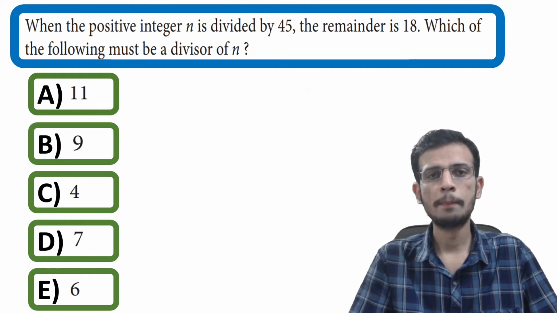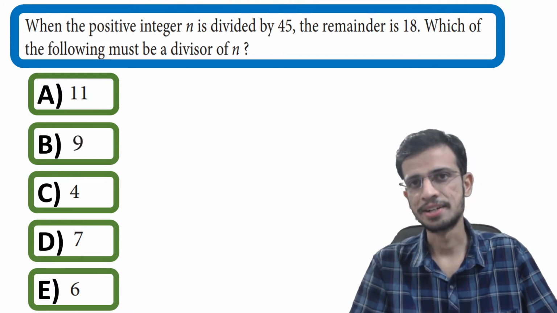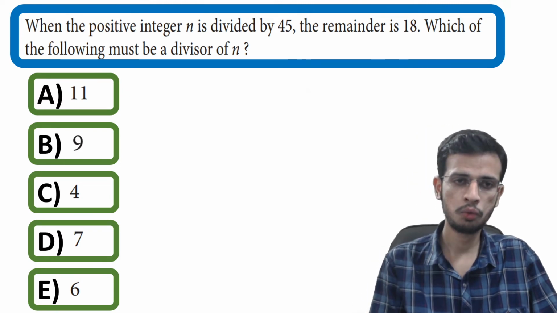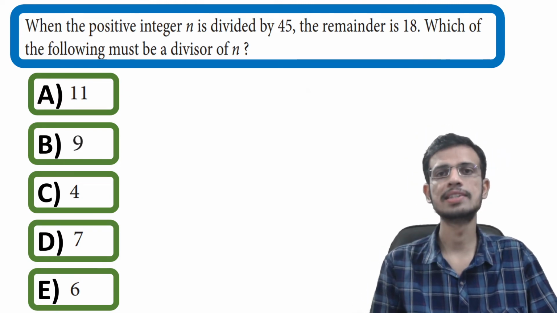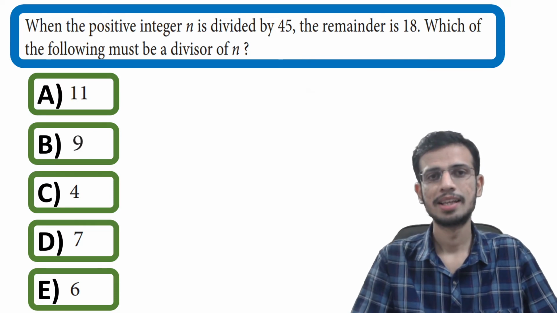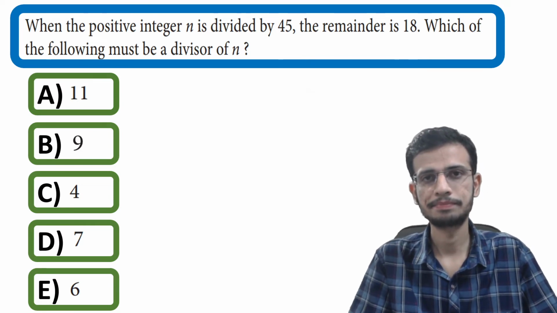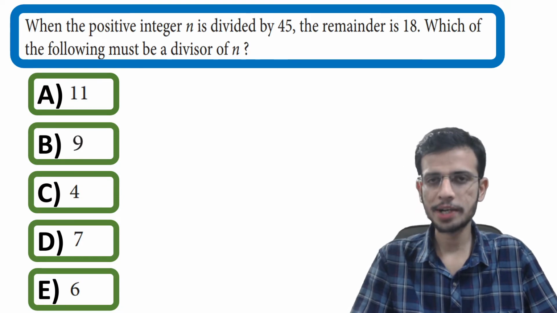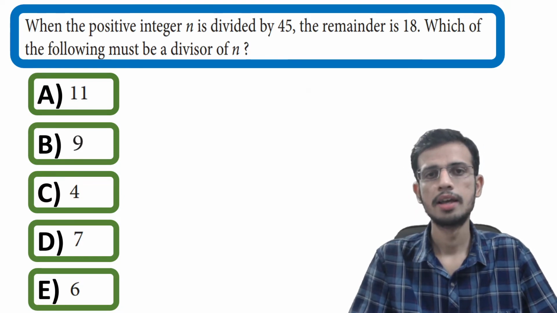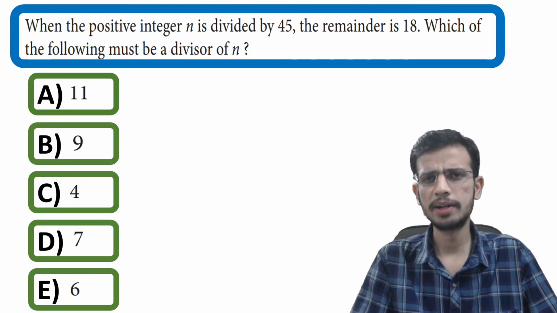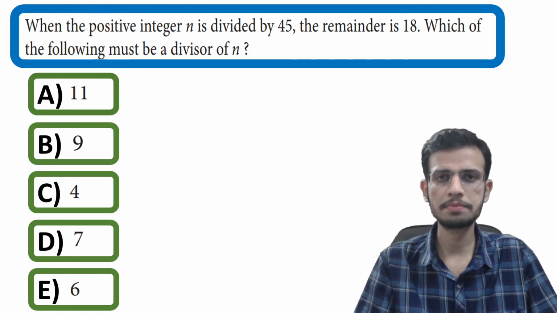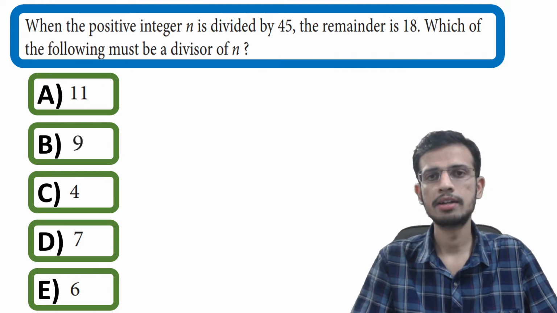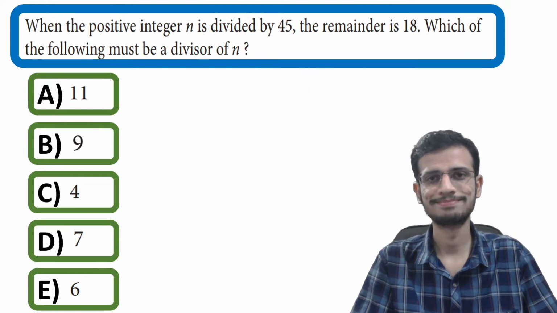Which of the following must be a divisor of n? 11, 9, 4, 7 or 6? You can pause this video. It is a very interesting question. If you want the help of pen and paper, you can write one or two steps to understand the situation and conclude the answer.